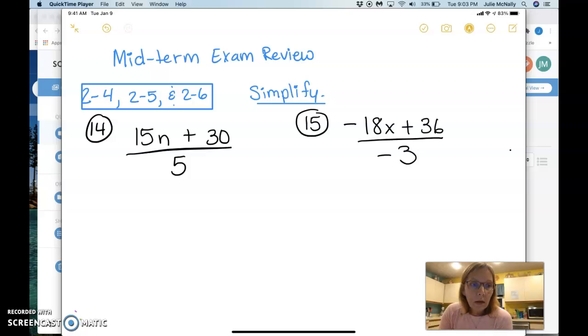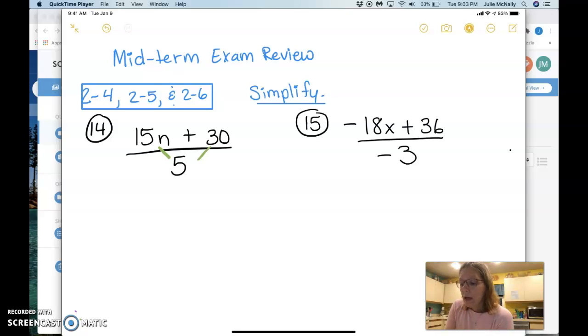The last thing we're going to do is simplify again, combining like terms, and I have division. Remember, fractions mean divide. So I'm going to have to divide everything on the top by whatever's on the bottom. So I'm going to do 15n divided by 5, and I'm going to do 30 divided by 5.